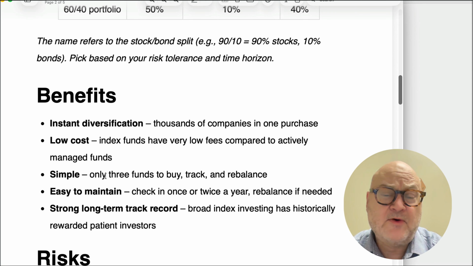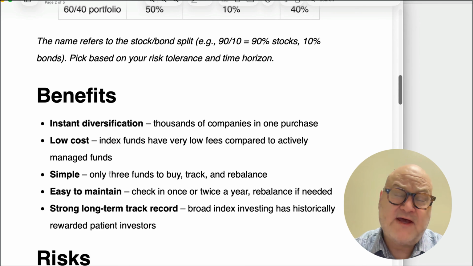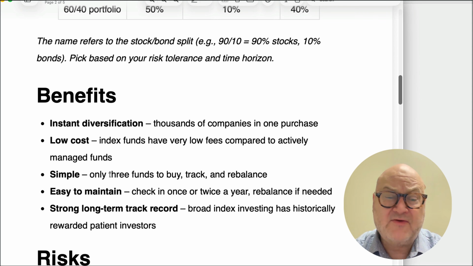Now, it's very simple to rebalance. You think maybe every year or so you rebalance. You only have 3 things to keep up with. At one point, I was part of an investment advisor, and we recommended about 9 different funds. It made it hard to rebalance every year and a half, or whatever.